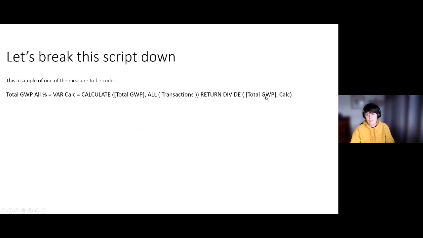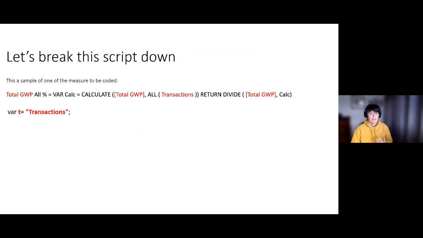Okay, so there's my variable, and then what I want to do is simply return, divide the total GWP into this calculation, right? And that's going to give us what we need. So I'm going to show you what that looks like, and it really is about following a lot of the logic that you saw before.